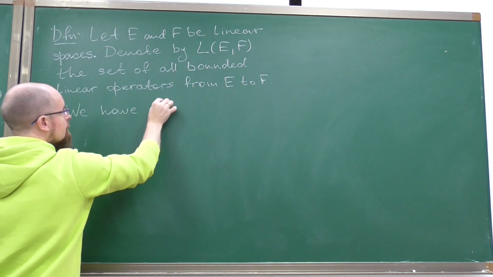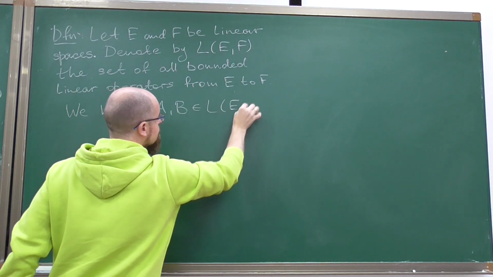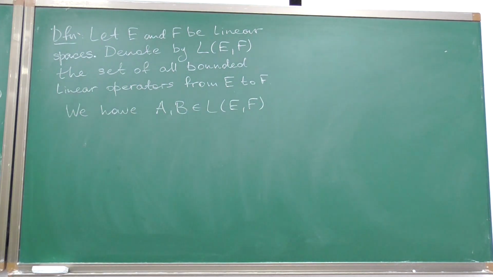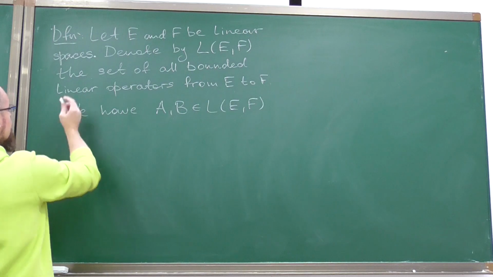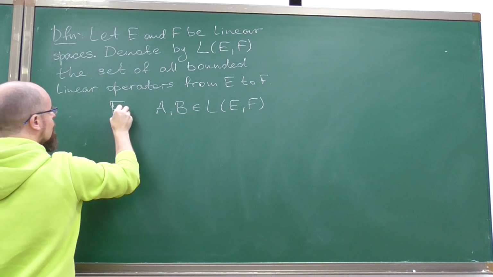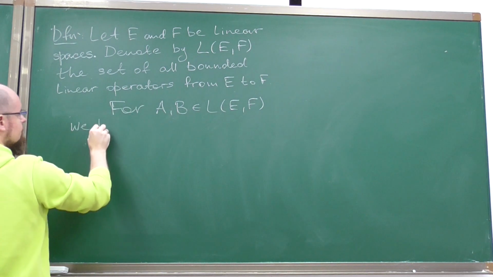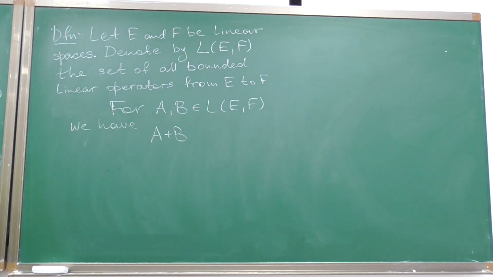If we take two bounded linear operators, then what can we say about the sum of them? We have that the sum of these two is a linear operator, and it is also a bounded operator by the definition of boundedness.